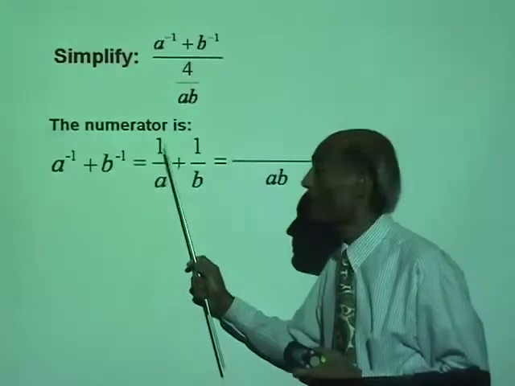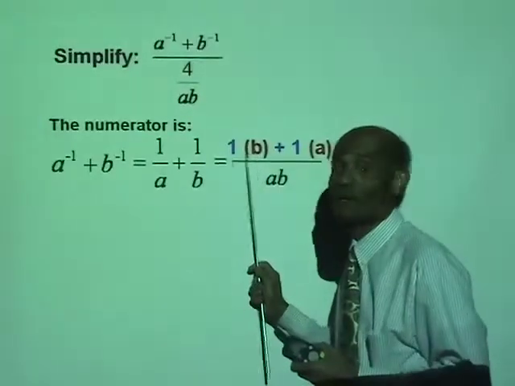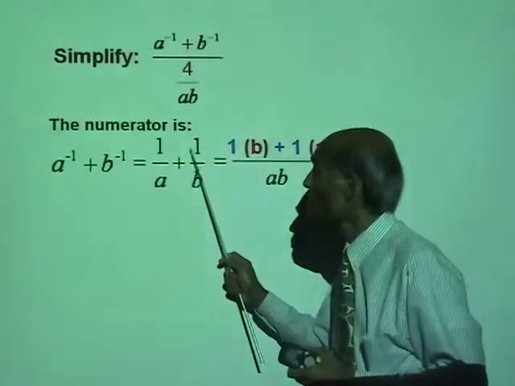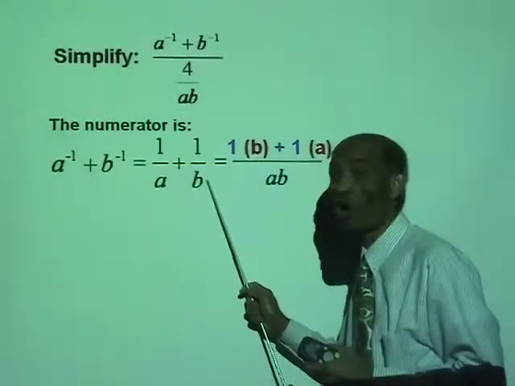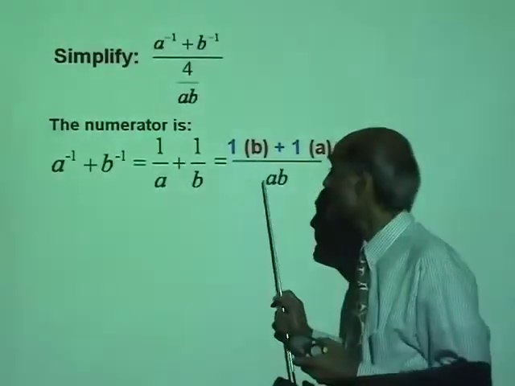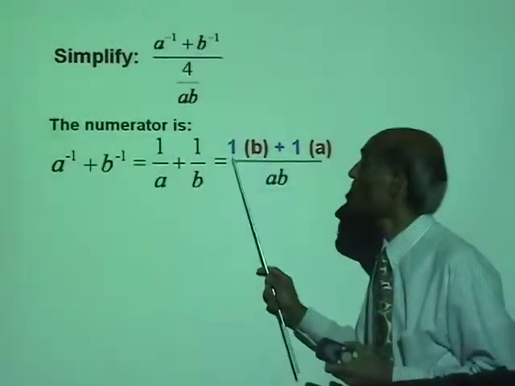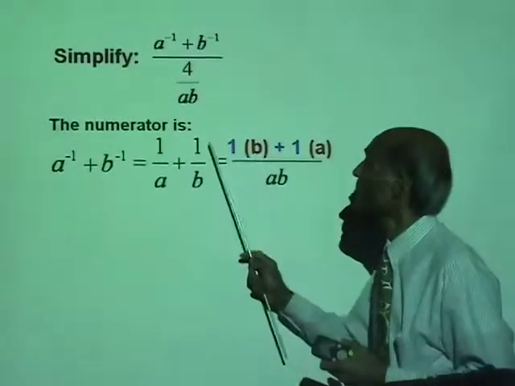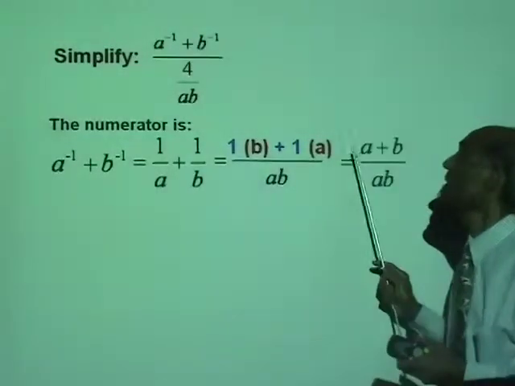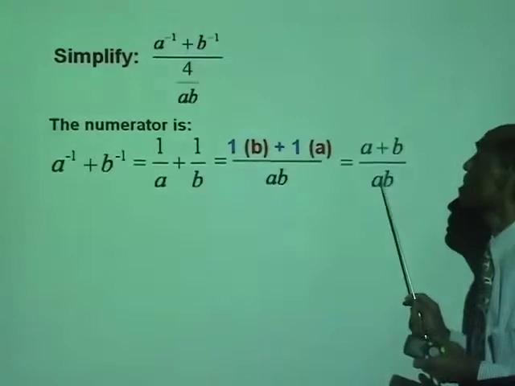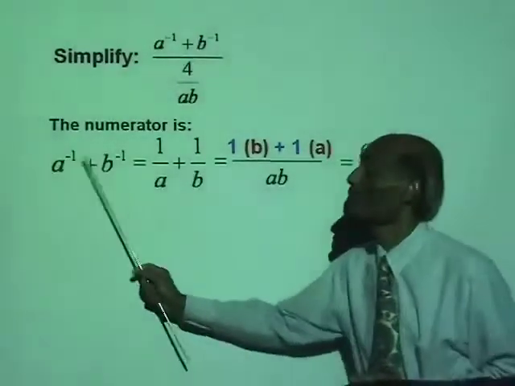That is b. Multiply this 1 with that b, and plus this 1 will be multiplied by the factor that is missing on its denominator, and that is a. So that will be 1 multiplied by b plus 1 multiplied by a, and that will be a plus b all over ab. That is our numerator.